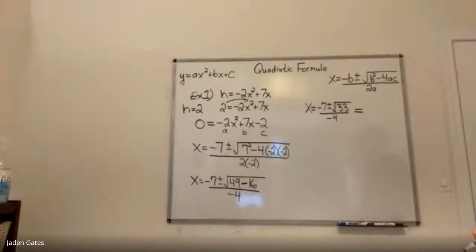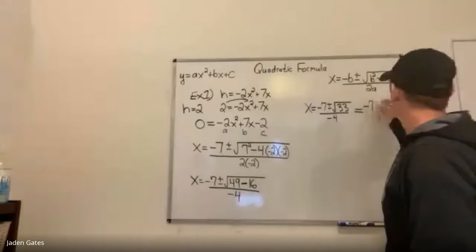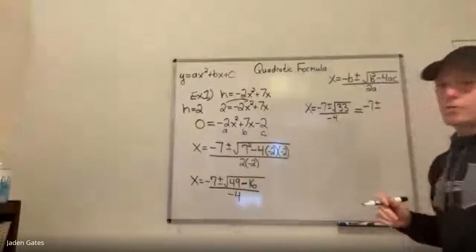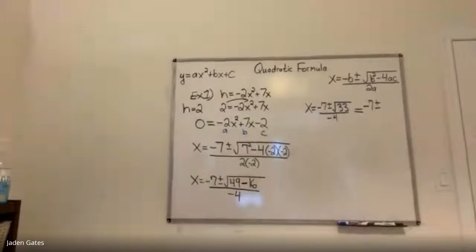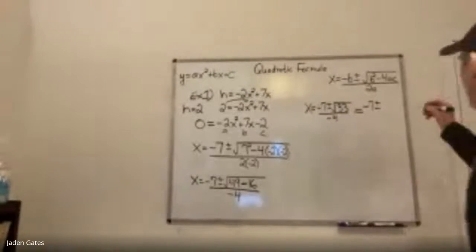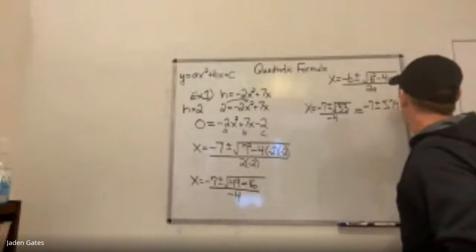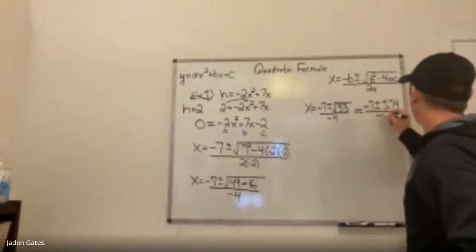The square root of 33 is not going to be a nice number. So I've got minus 7 plus or minus the square root of 33. Let me grab the calculator here, and I end up with 5.74, all over negative 4.